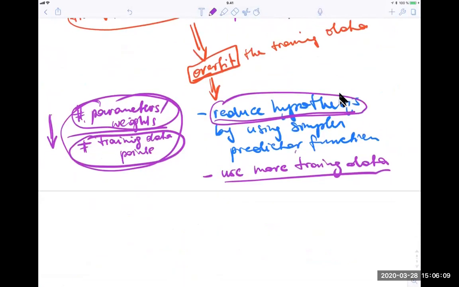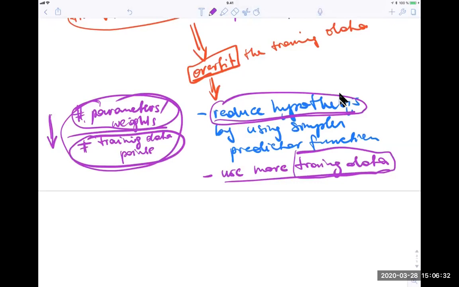However, in some applications, it might be very challenging to get training data, because in order to get training data, you need an expert, for example, a doctor, a lung expert in the case of diseases, who needs to look at an X-ray photograph and give his or her prediction of the label.